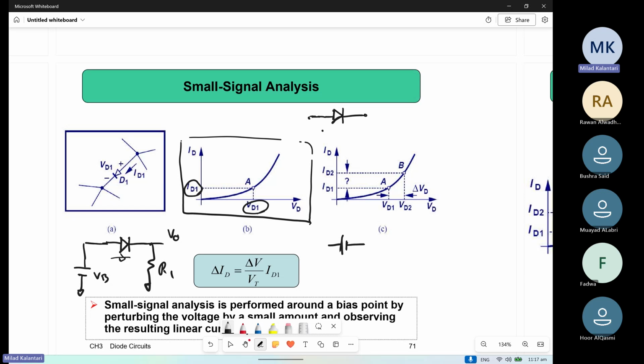For a simple assumption, we assume this is VD on, for example 0.7 volt, and this VB is 2 volt. Can we tell how much is the DC current of the diode? And let's assume R1 is 1 kilo ohm.